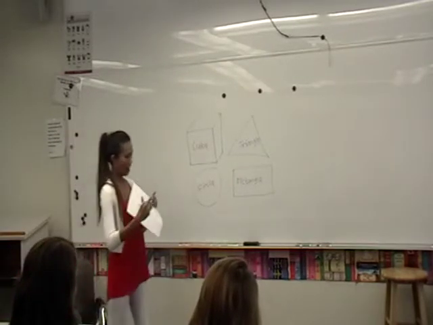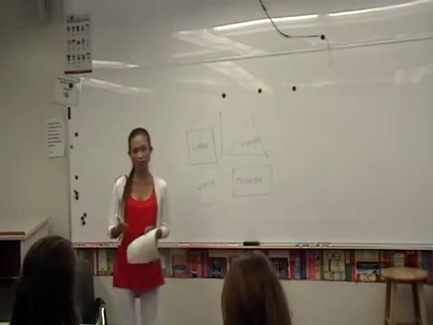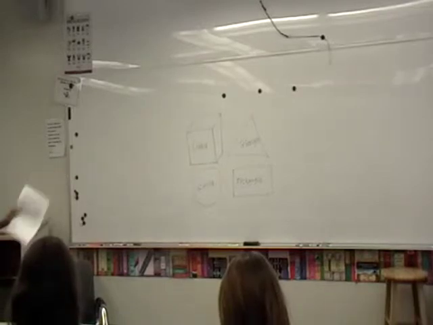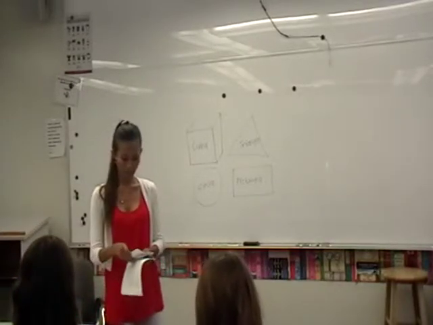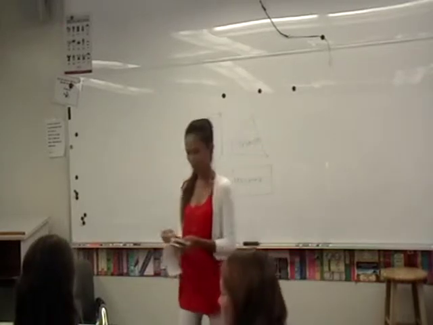Okay, so I want you guys to make your own shapes. What do you know? Making like that is okay. So we'll give you paper. You can write it down. You don't have to make the shape.